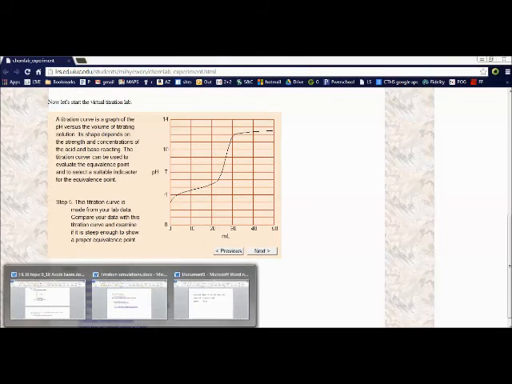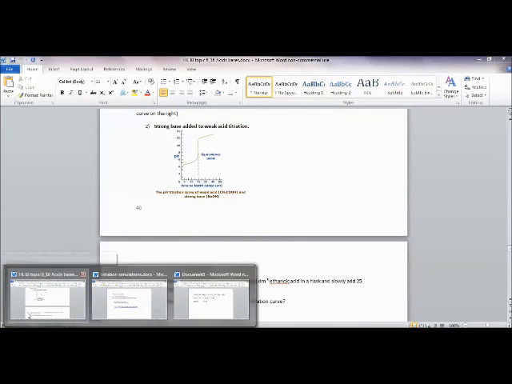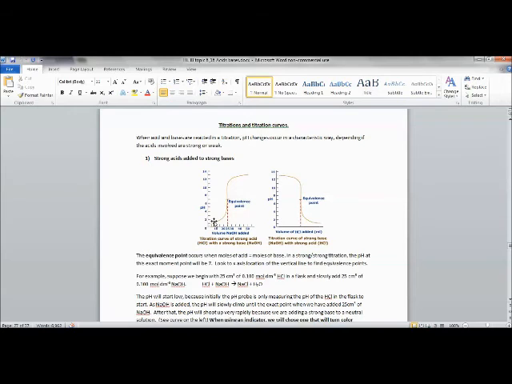I'll actually go back and show you on the workbook page because it's a little clearer on that one. In our strong acid, strong base titrations, either way we do it, this vertical line, the exact center of it is at pH 7, because when this titration is completely finished, the solution is literally neutral.